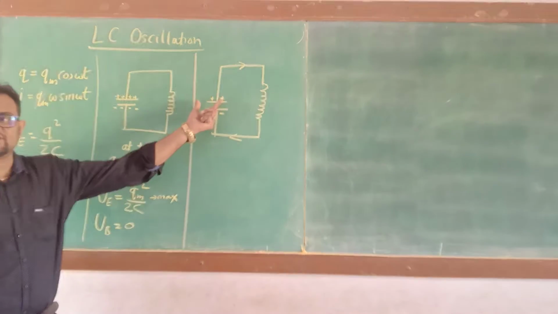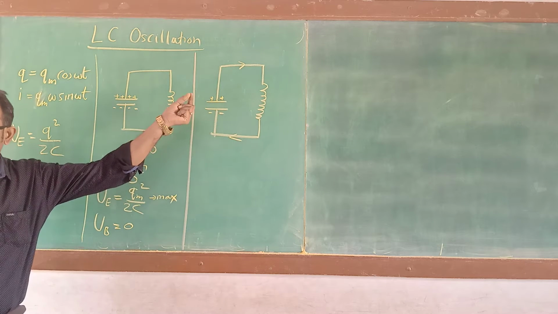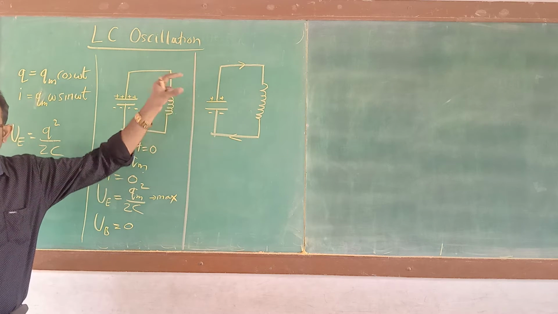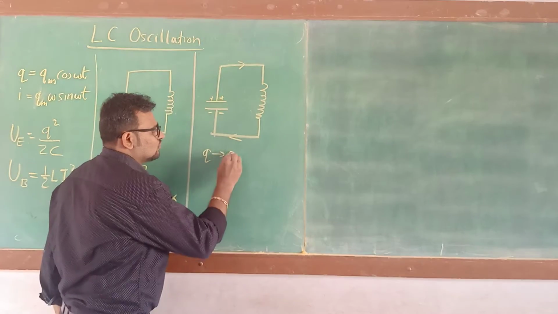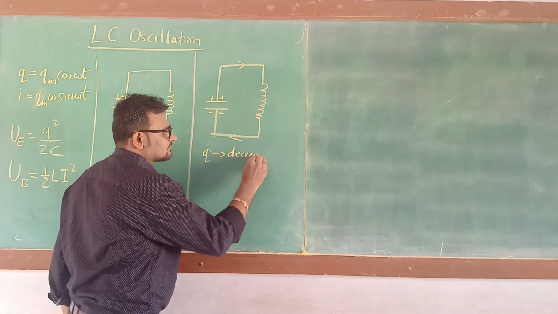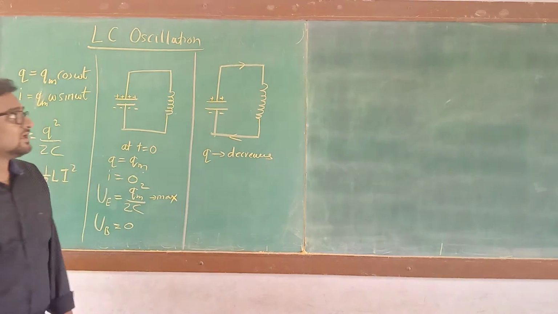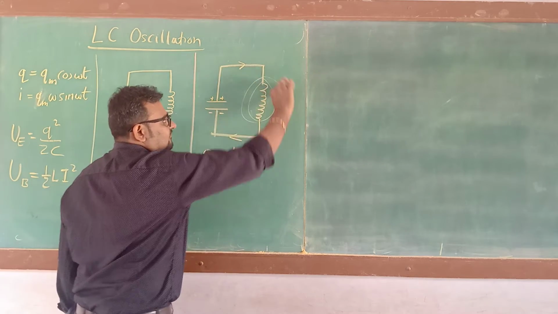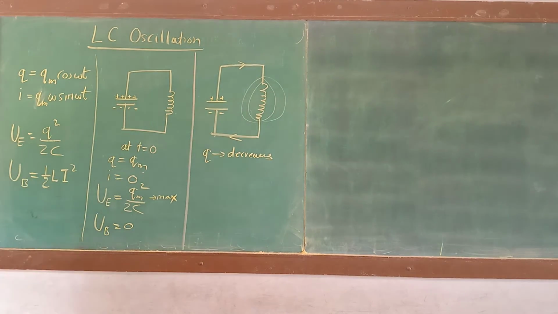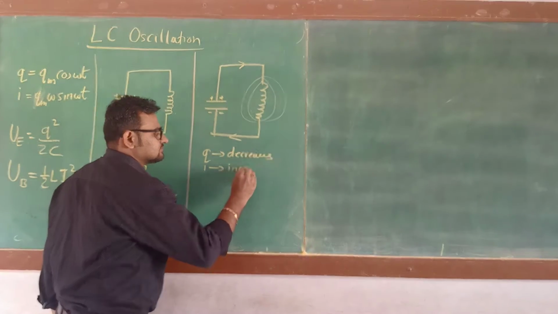This positive charge reduces and this negative charge also reduces, because positive charge is accumulating. So the charge on the capacitor reduces, so I will say Q decreases. Clear? Now the current flows here. As current flows here, what will happen? I increases.